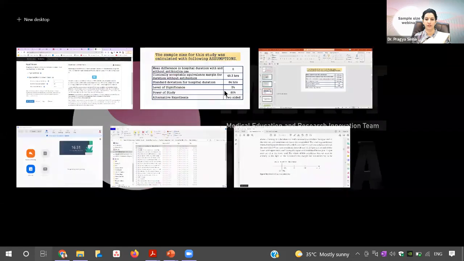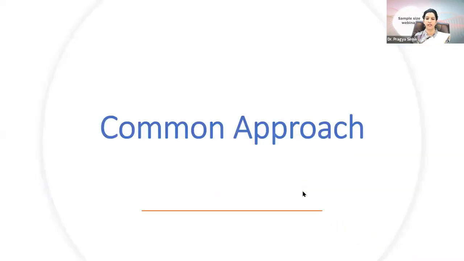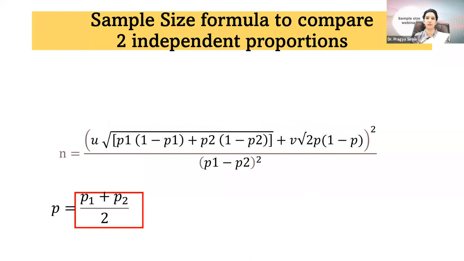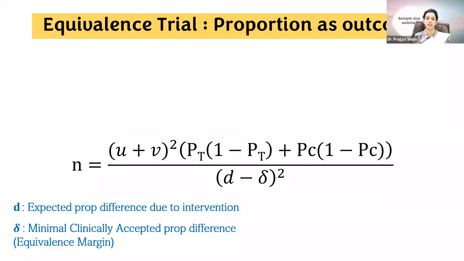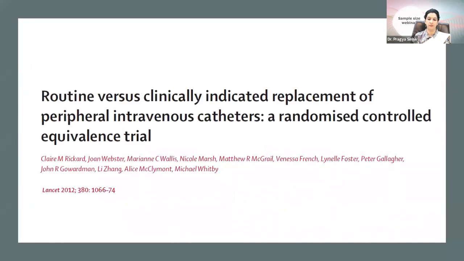So now we'll go back. For dichotomous outcome, this is the common approach. People use the equality, but we are going to use the recommended one, which is taking the minimally acceptable difference, which we have discussed. So there is one example: routine versus clinically indicated replacement of peripheral intravenous catheter, a randomized control trial.